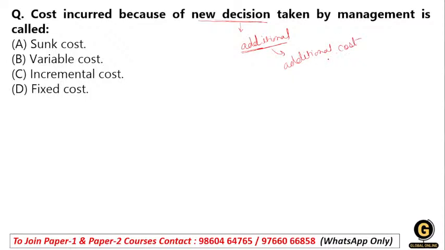That is nothing but your incremental cost, which is incurred due to a new decision taken by the management. Like if management wants to launch a new product in the market, expand the production capacity, or enter a new market with a new product, the cost incurred by them is called incremental cost.